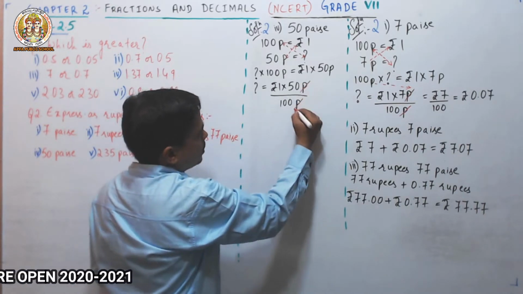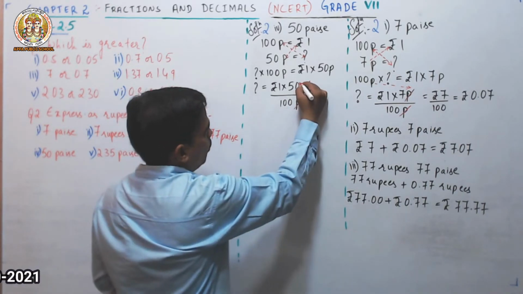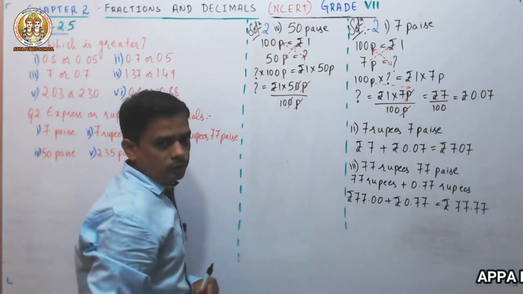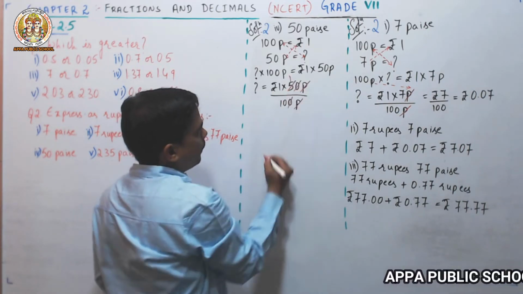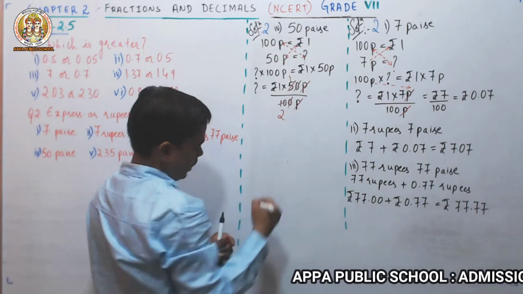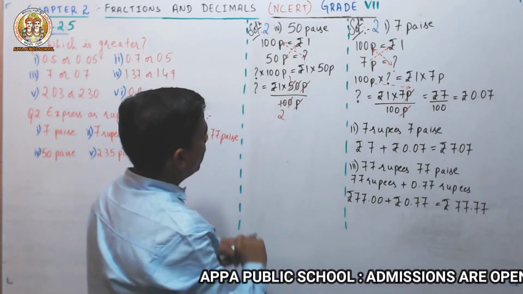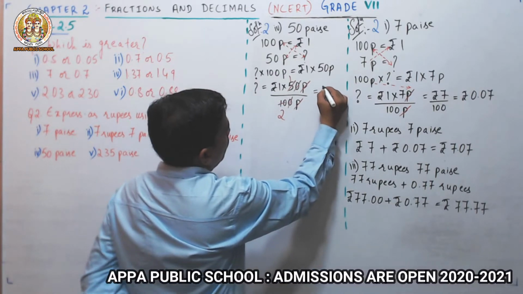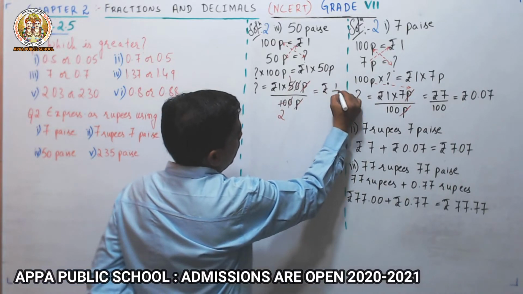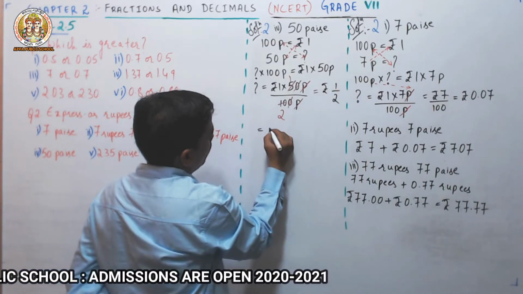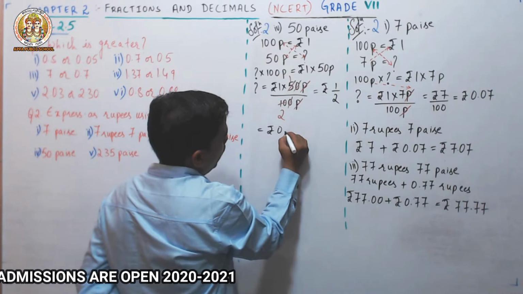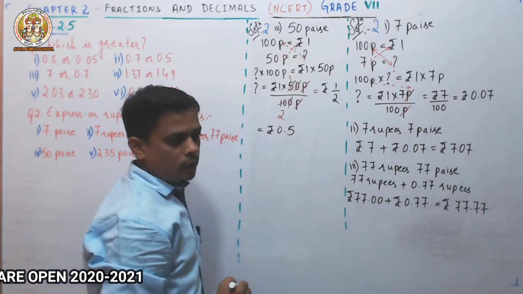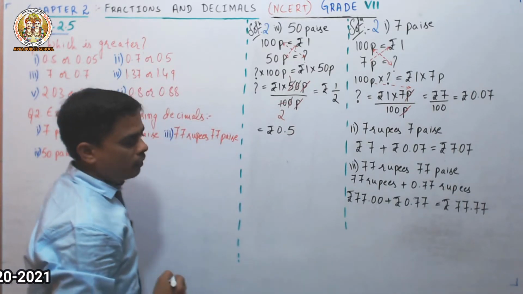This paise and paise units I will cancel. 1 0 and this 0 I will cancel. Now 5 ones are 5, 5 twos are 10. So remain is rupee 1 by 2. So 1 by 2 how much it will be? Rupee 0.5.